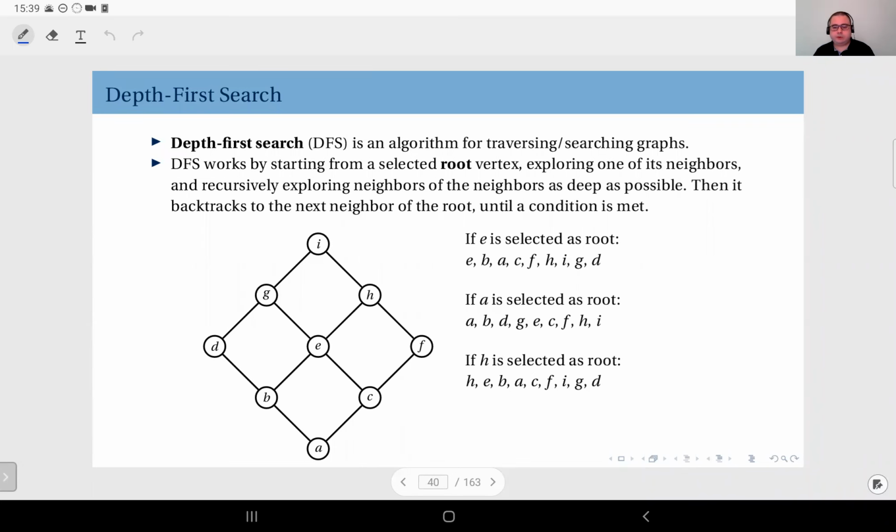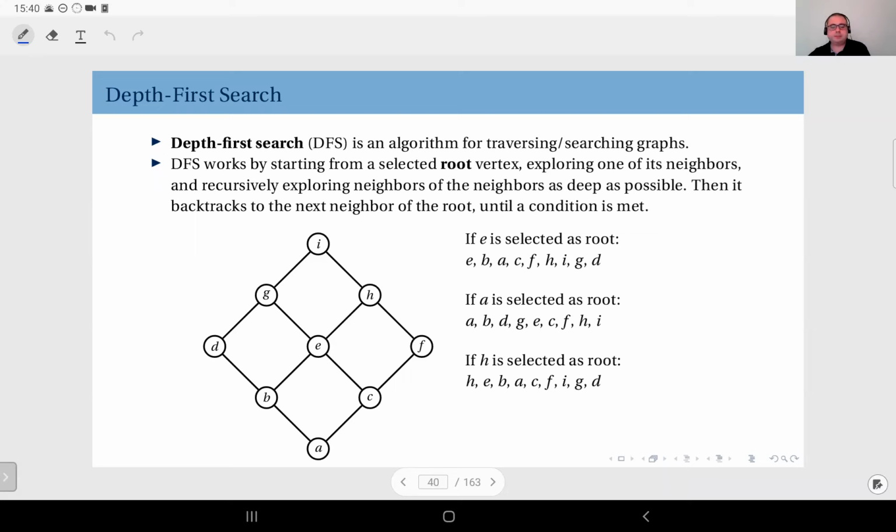The other algorithm for graph traversal is depth first search. This is different from the breadth first search in that you would like to go as deep as possible by visiting the neighbors. Therefore, you select a root again, and then you do not visit every neighbor of the root, but you select one of them, and then you look at the neighbors of that one.